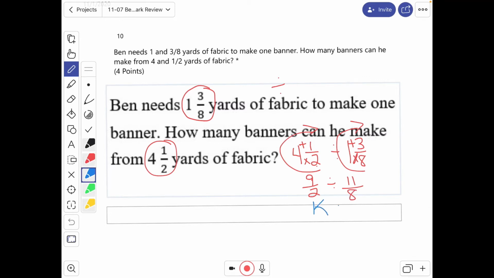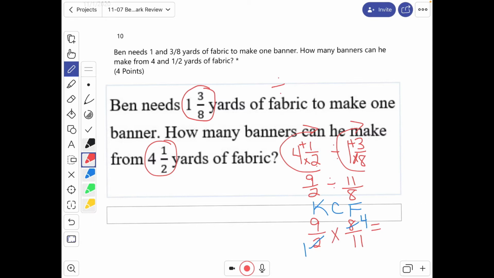Then we have to remember our rule for division of fractions. Keep, change, flip. Keep the 9 over 2, change division to multiplication, and flip the fraction. And then we can simplify. 2 can be divided by 2, and I get 1. 8 divided by 2 makes 4.